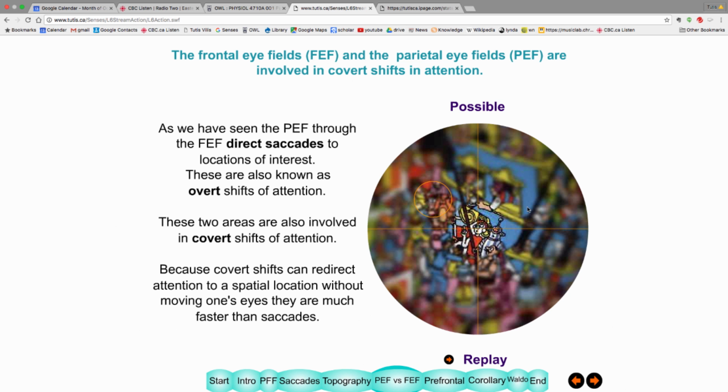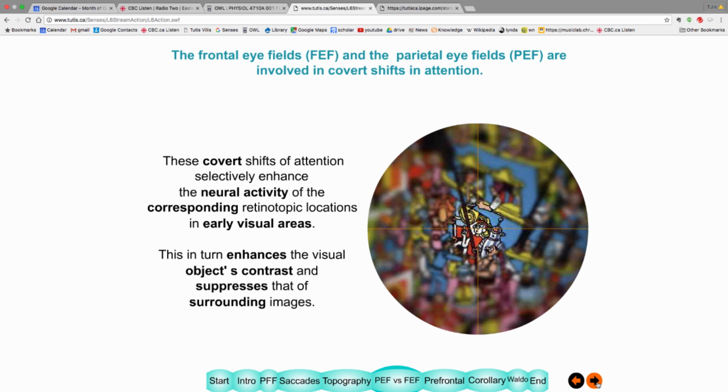So you explore this space around you, and you can do it very quickly because you're not making a movement, and you can look for possible positions where to make a movement. Where is Waldo? And if I think this is a possible location for Waldo, then I'll make a saccade to Waldo, and I'll put Waldo in my fovea.